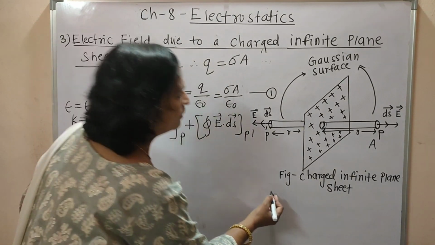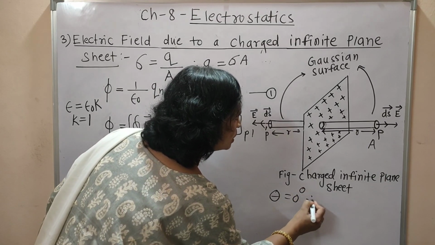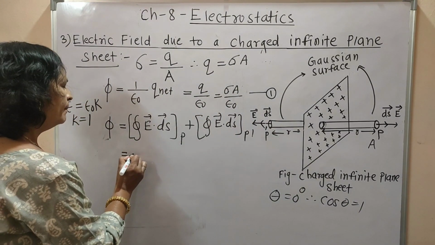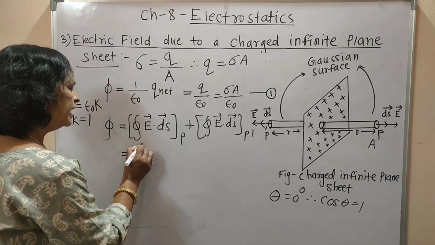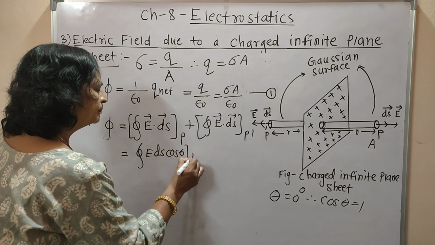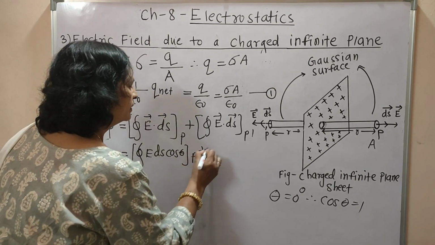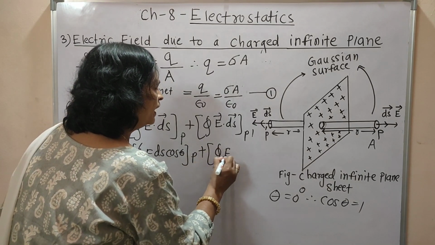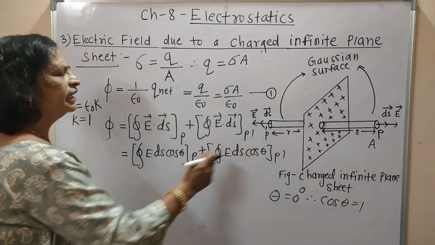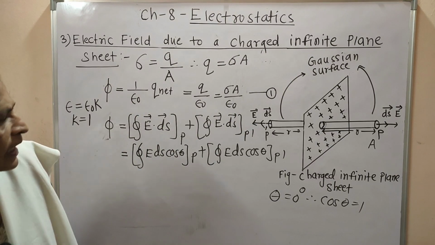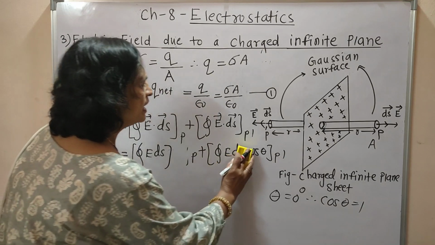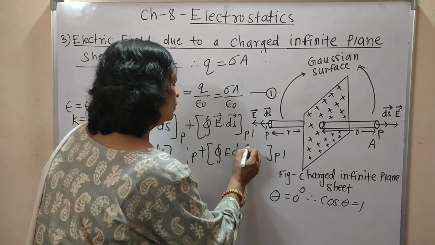Therefore theta equals 0 degrees and cos theta equals 1. So the surface integral of E ds cos theta at P plus at P dash becomes simply E ds at P and E ds at P dash.